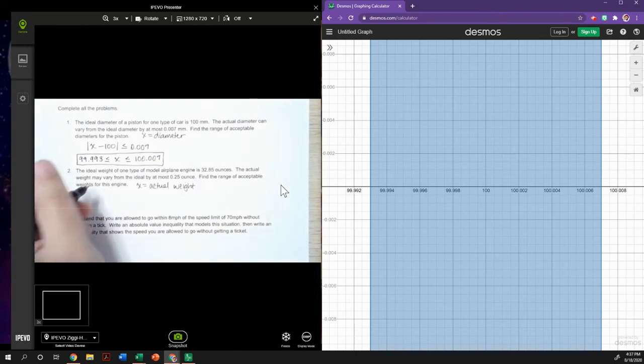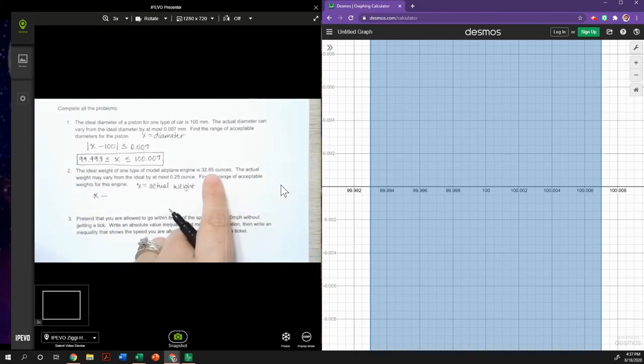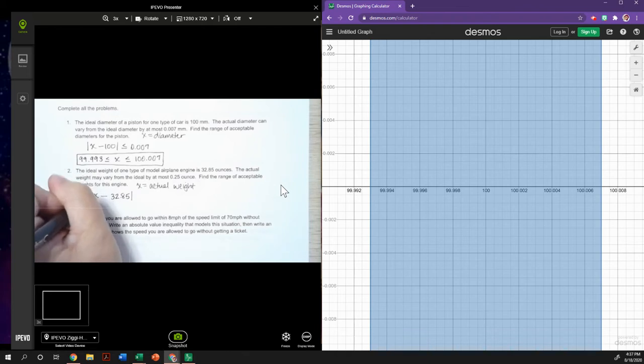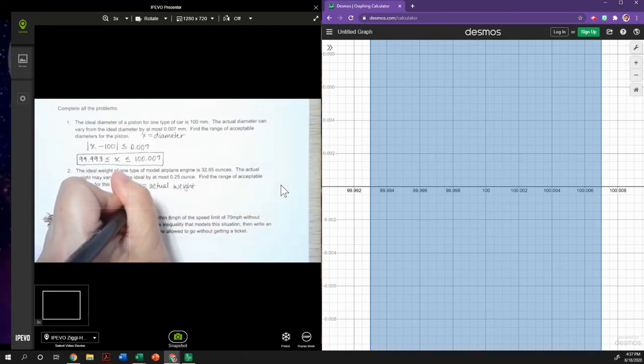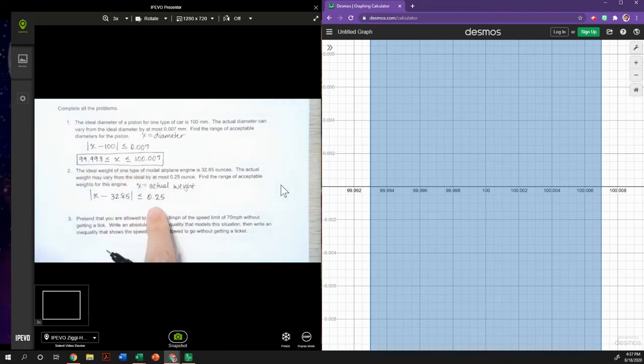So the actual weight minus the ideal weight. We want to keep that measurement positive. It can be off, in other words, by at most 0.025.